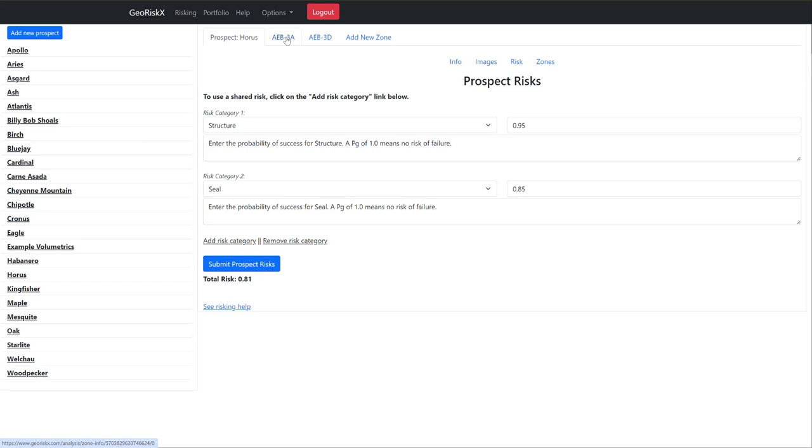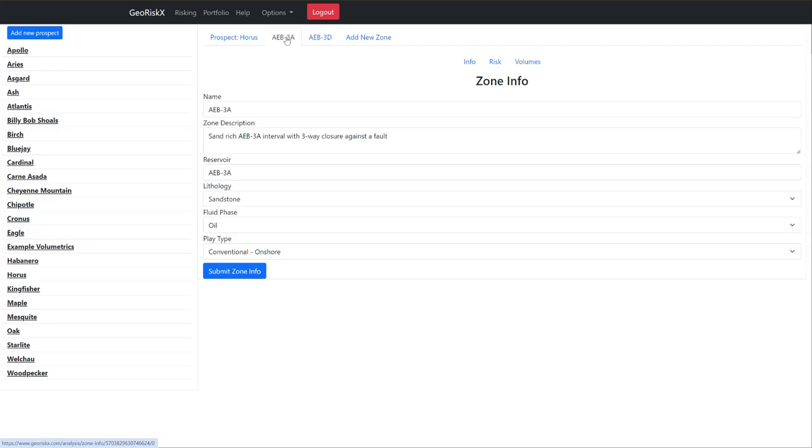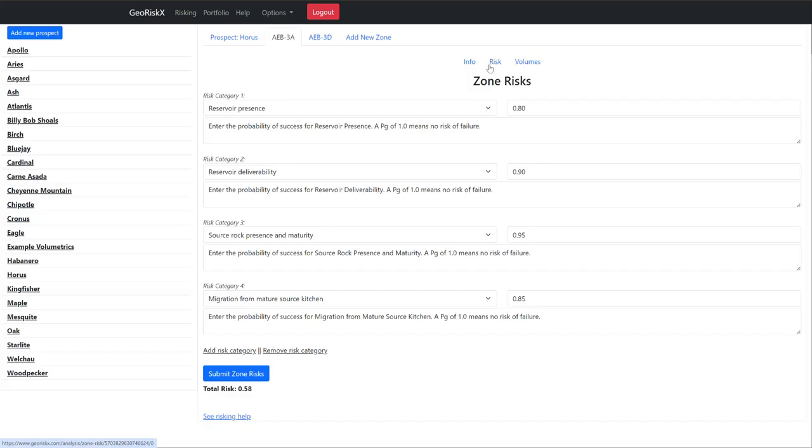And we can also look at the risk at the zone level as well. So we can look at the likelihood of reservoir presence, deliverability, source rock presence and maturity, and migration from the source kitchen. Once we've done that, we now have the risk at that zone level.